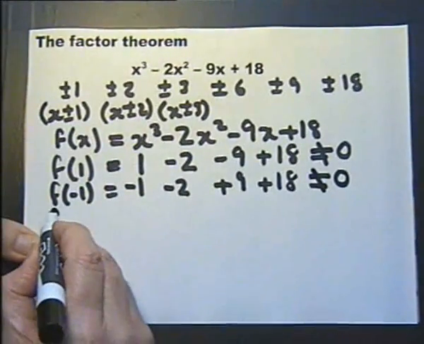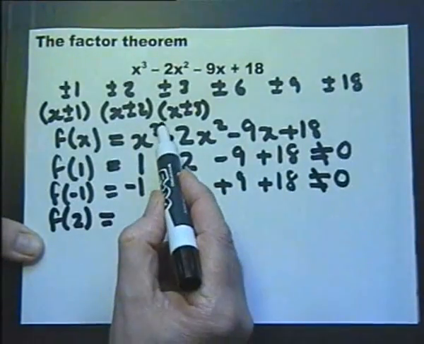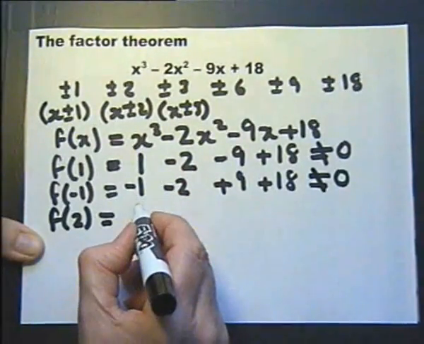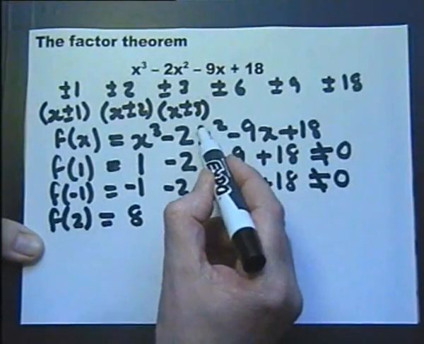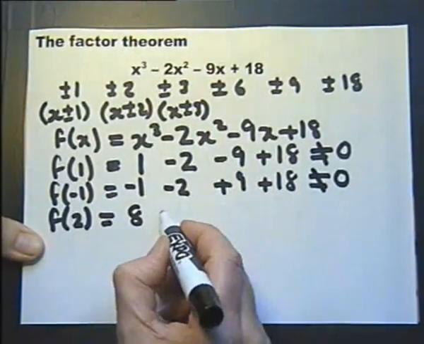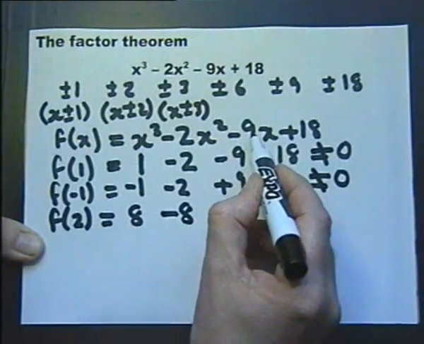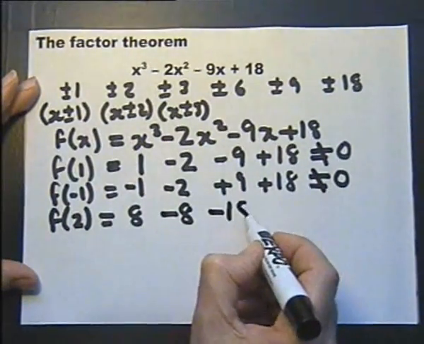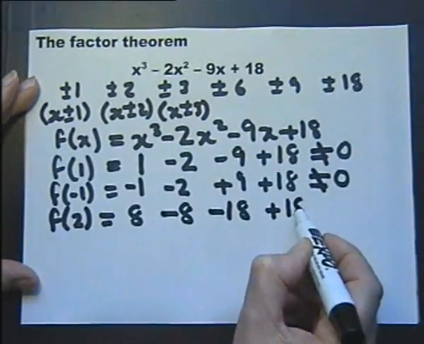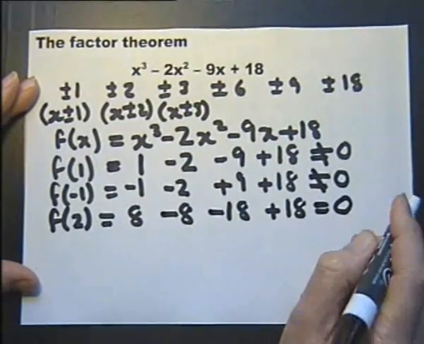Now let's try substituting x equals 2. 2 cubed is 8. 2 squared is 4, times minus 2, so that's minus 8. Minus 9x means minus 9 times the x value of 2, which is minus 18, plus the 18, that does in fact equal 0.